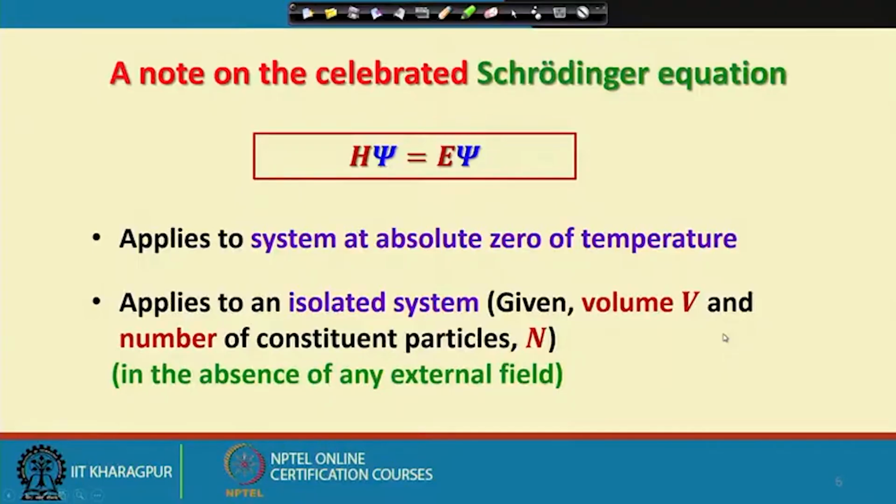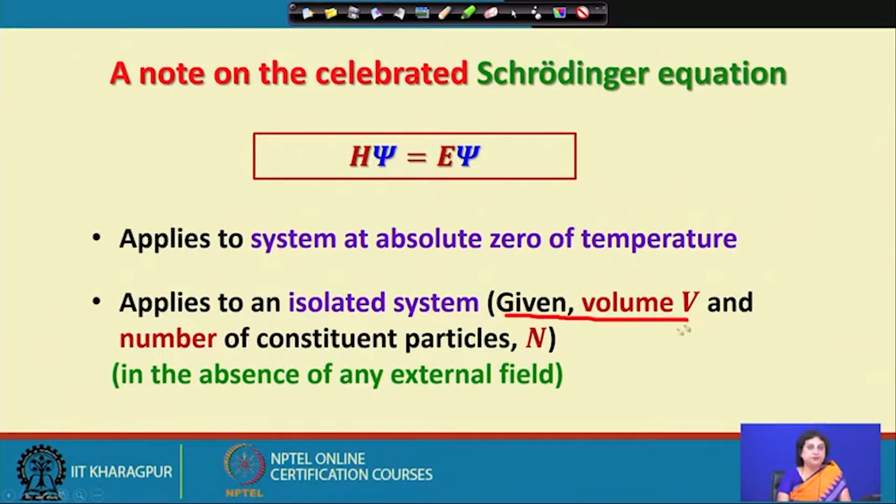You should also remember that whenever you are solving the Schrodinger equation, you are actually specifying the volume of the system and also the number of constituent particles, and then you are looking for solutions of the Schrodinger equation for various allowed values of the energy eigenstate.